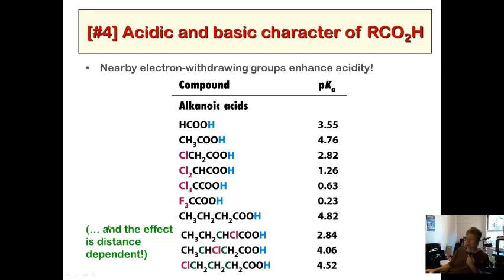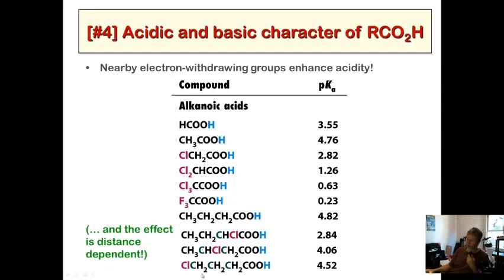Okay, and also the effect is distance dependent. So if I have a couple carbons and I have a chlorine on the alpha carbon, so the carbon next to the carboxylic acid, it's at 2.84. What if I move the chlorine one over to the left? Now the pKa increases a bit, and if the chlorine goes even further, the pKa increases as well. So the effect is distance dependent.